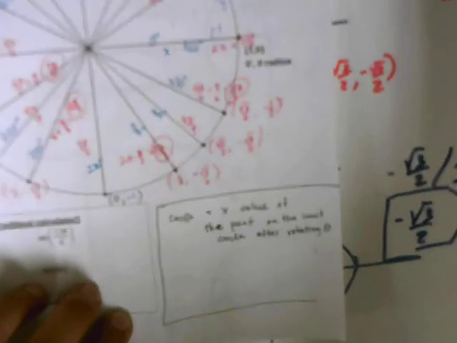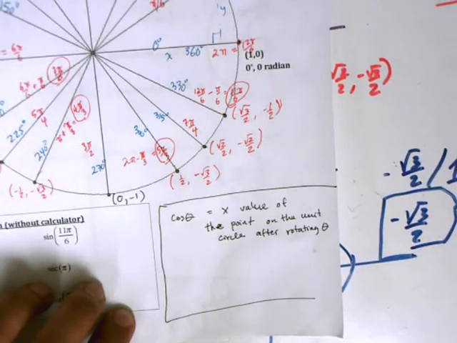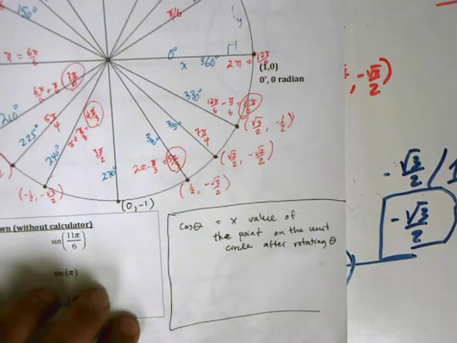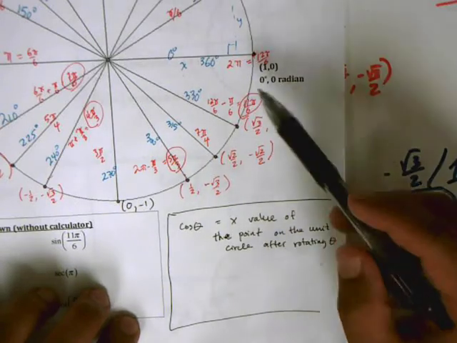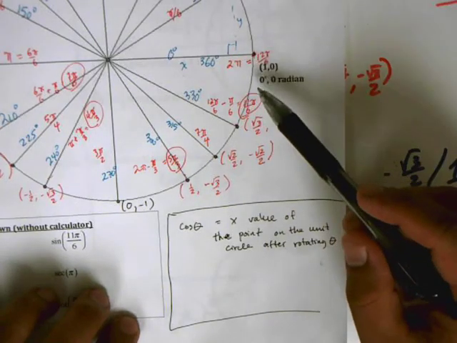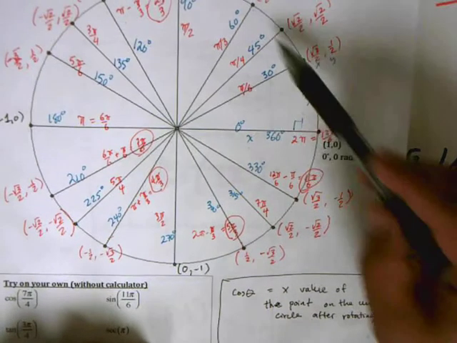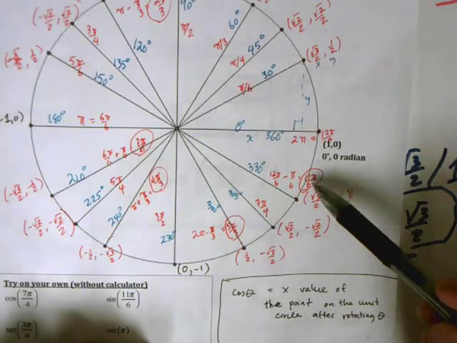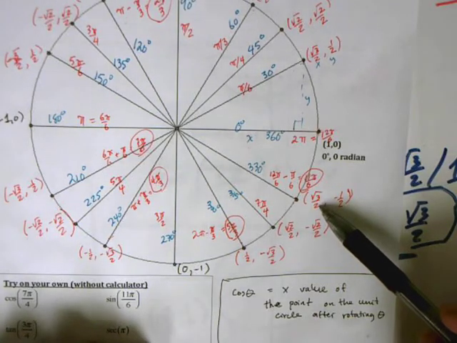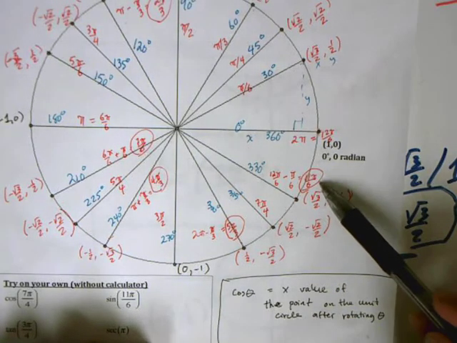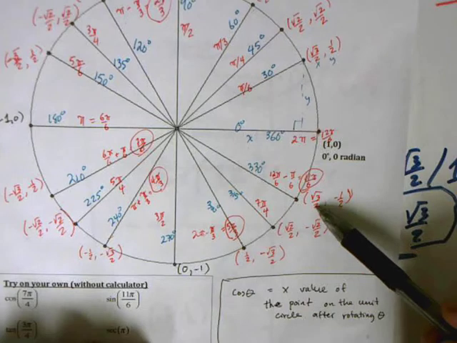Let me zoom in on that. The cosine of theta is just the x value. So if you wanted to find the cosine of 11 pi over 6, you rotate all the way down here to 11 pi over 6, and the x value will tell you right away that the cosine of 11 pi over 6 is square root of 3 over 2.